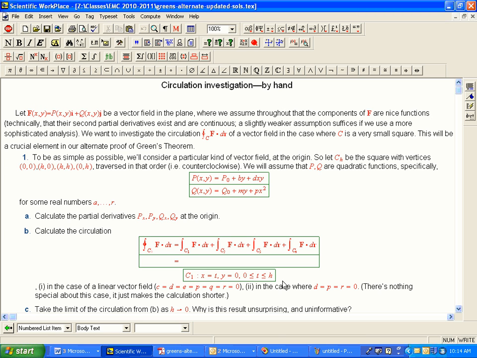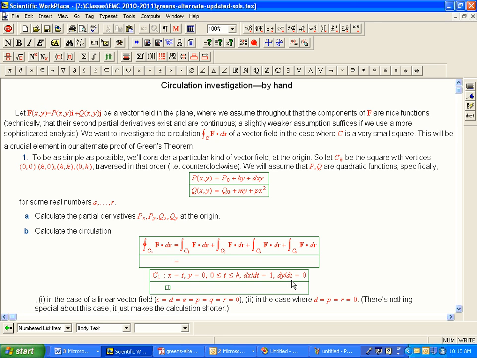Now, I talked about in class how there's a standard way to parameterize any straight line between 2 points using t between 0 and 1. But here it's simpler to let t go from 0 to h, because then x can just be t right off the bat, and it's really easy. And while we're at it, we always want dx/dt, which is just going to be 1, and dy/dt, which here is going to be 0. And that's going to simplify things nicely.